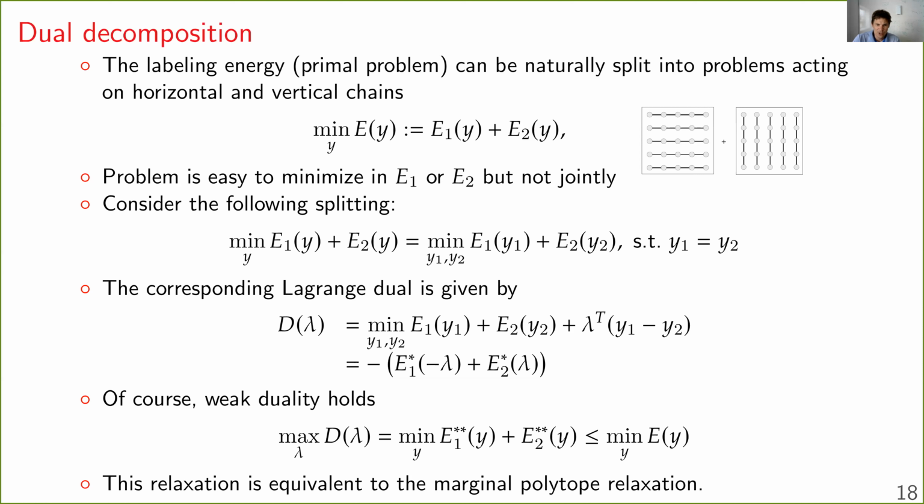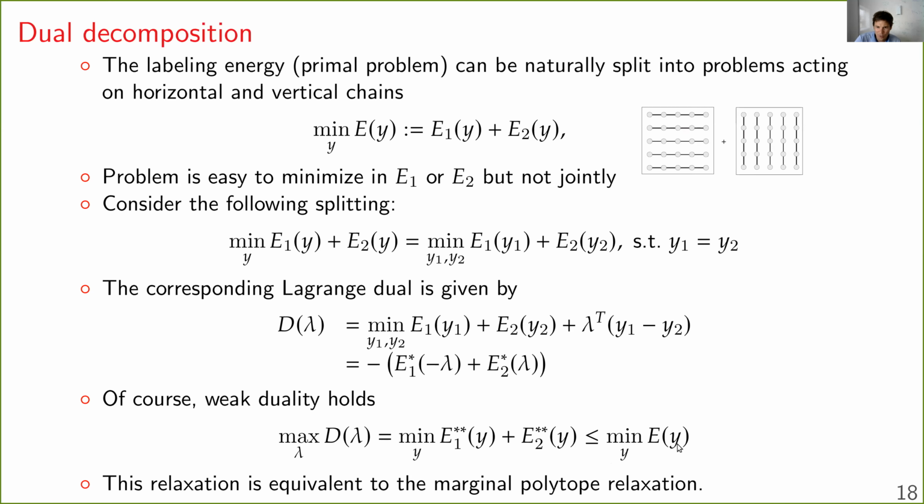And it turns out when you wonder which problem you are solving now with the dual problem, of course, this is a relaxation, so it's below the original problem. But when you start to play around a little bit with conjugate functions, biconjugate functions, and infimal convolutions, you easily see that you are trying to minimize the sum of the biconjugates of the single problems.